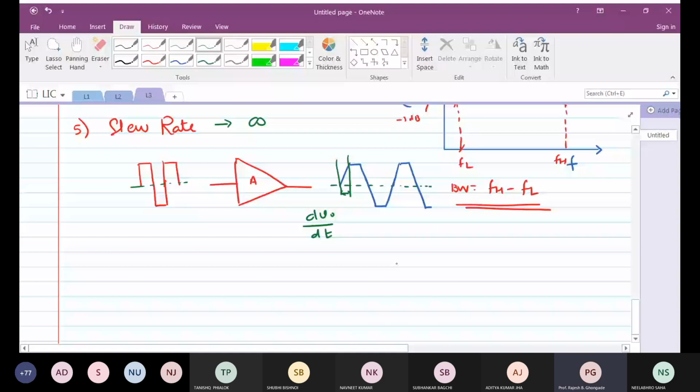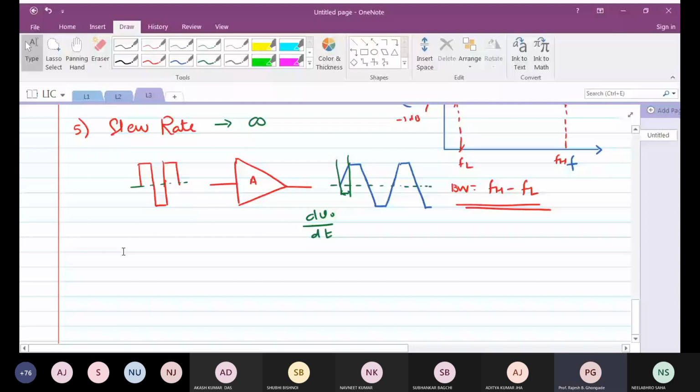There are a couple of problems associated with the single stage amplifier. What are they? So can we use the single stage amplifier as a generic amplifier?